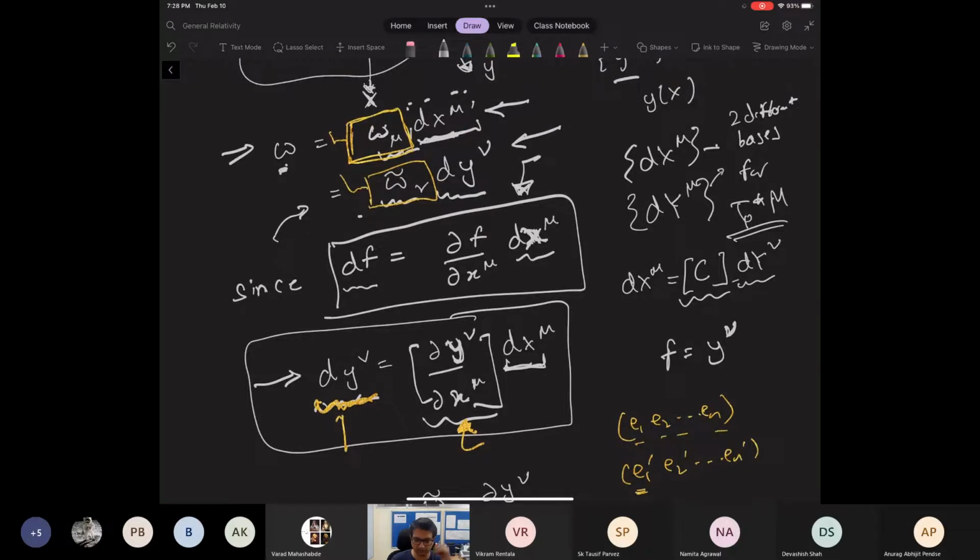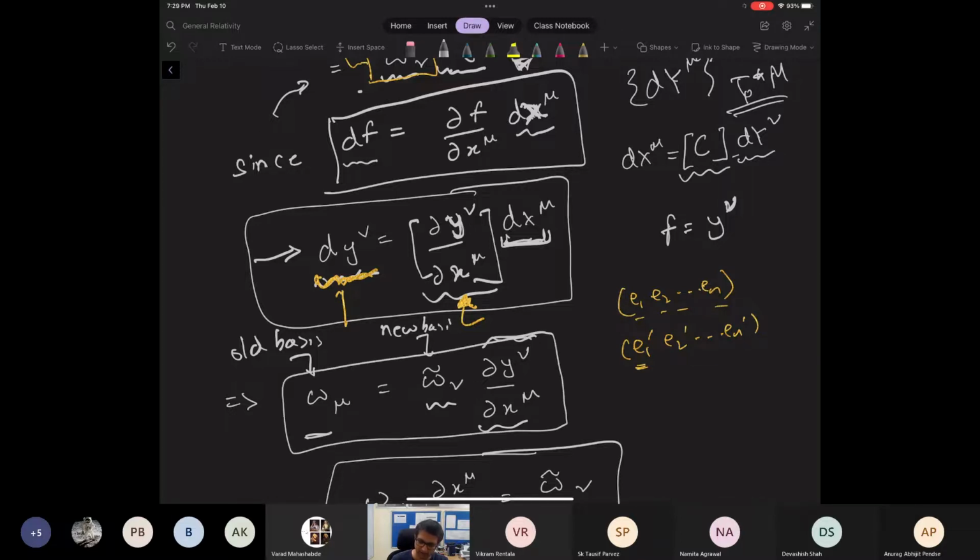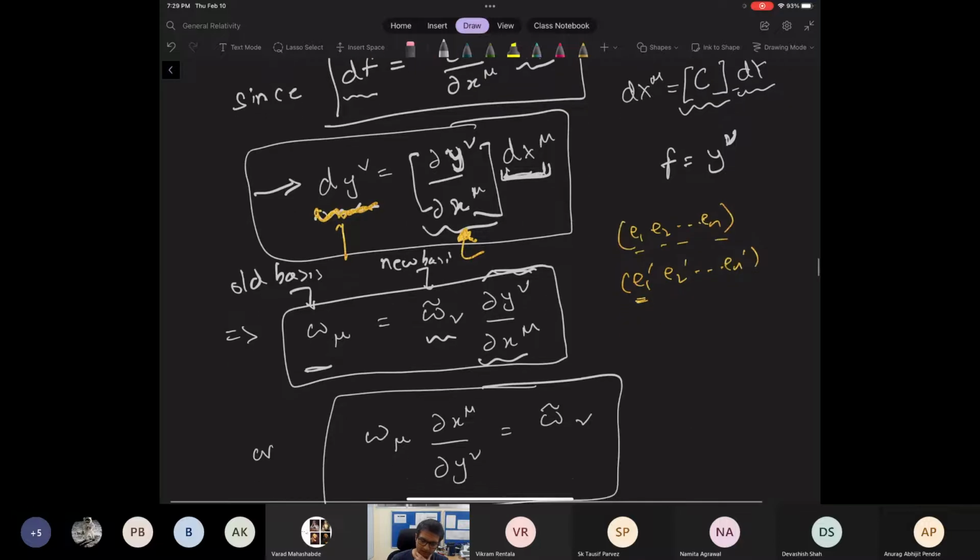Since this is a basis, I can match the coefficients of any dx mu with any dx mu here. So what I will get is omega mu, which is the expansion coefficient in the old basis, equal to omega twiddle nu, the expansion coefficient in the new basis, times this quantity here. This is my transformation rule that takes me from my y basis coefficients to my x basis coefficients.